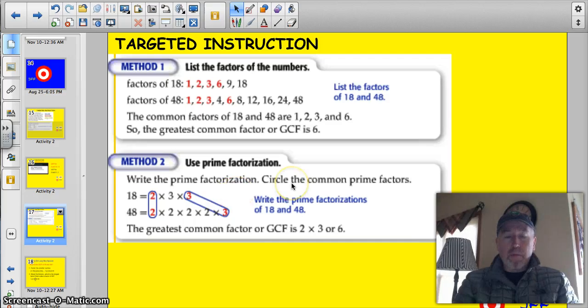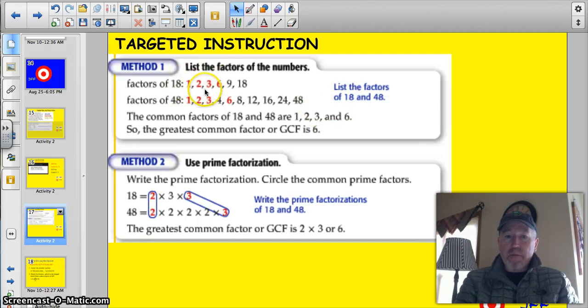Let's take a look at a couple of methods here. First of all, you can do the method that most people use. They just take and factor out the numbers, like 18, that's 1, 2, 3, and 6, 9, and 18. And they factor out 48, 1, 2, 3, 4, 6, 8, 12, 16, and 24. So they've listed the factors out.